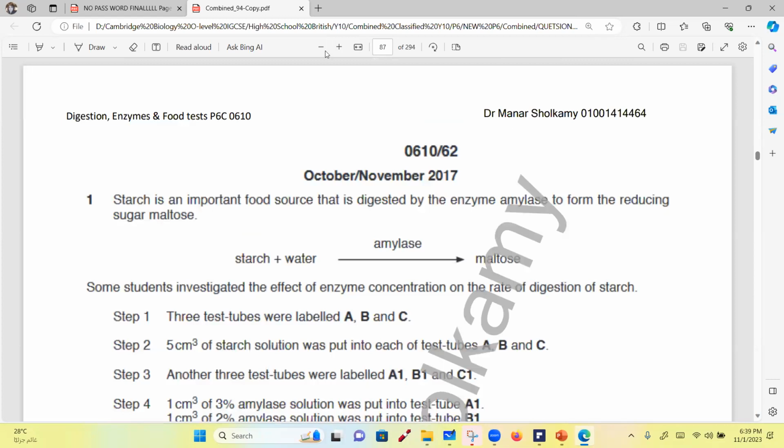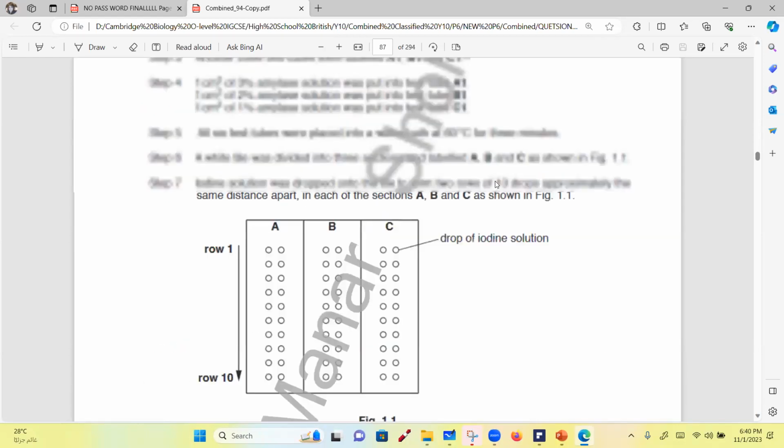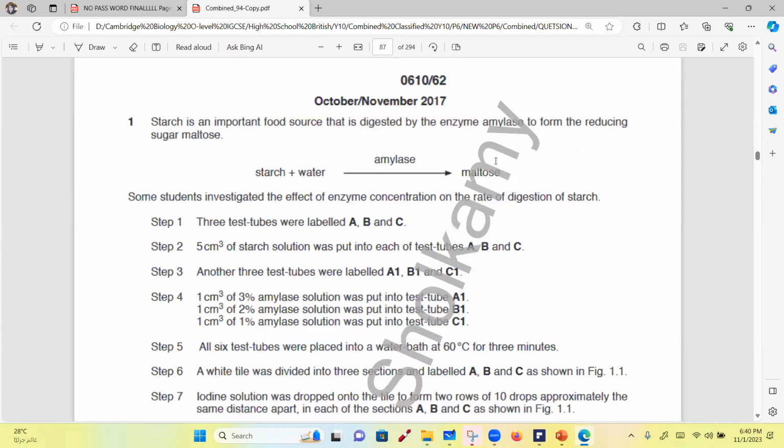Okay, when we start working on paper 6 and read the experiment, we do the same steps. We will look at the experiment and decide what is the independent variable and what is the dependent variable. This is page 21 of 98. Okay, now, let's read it together.